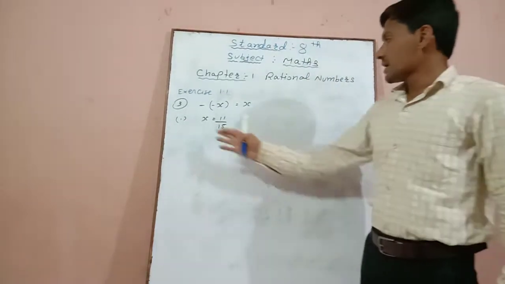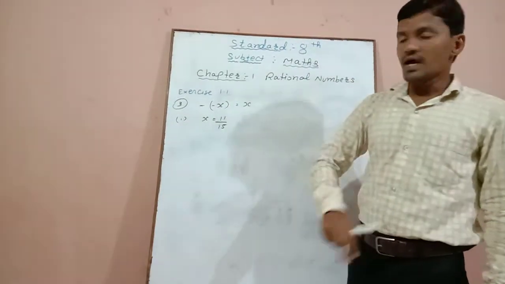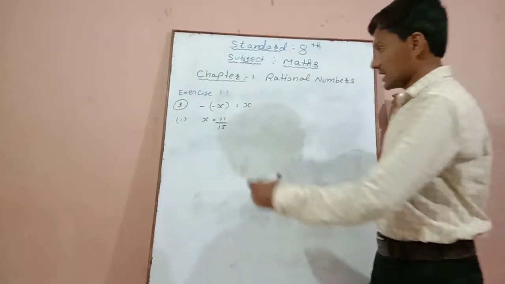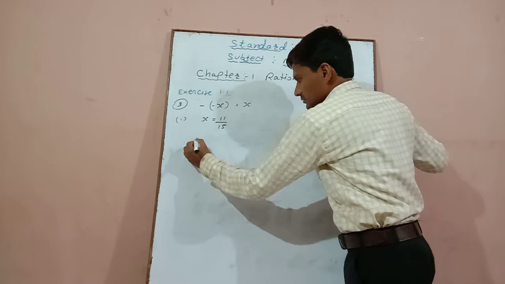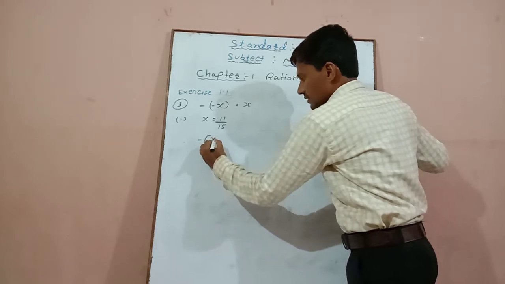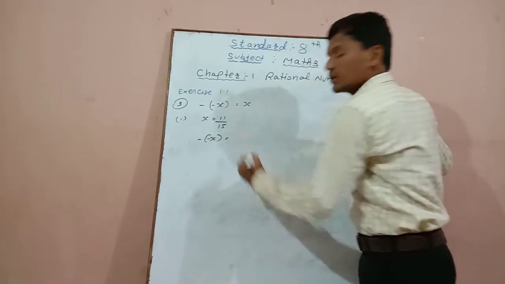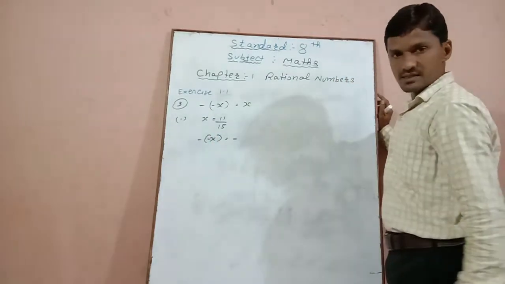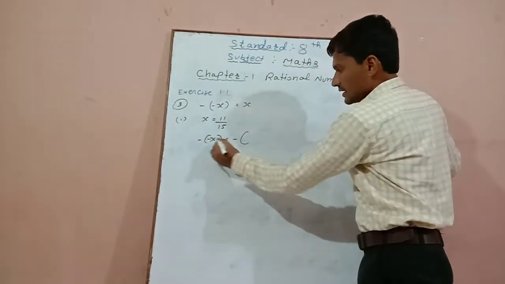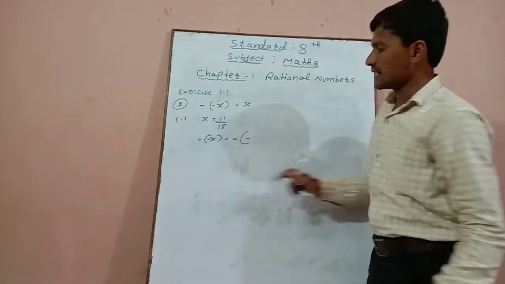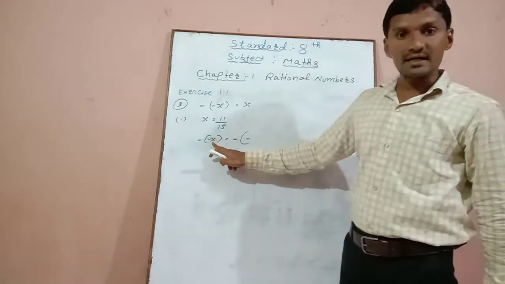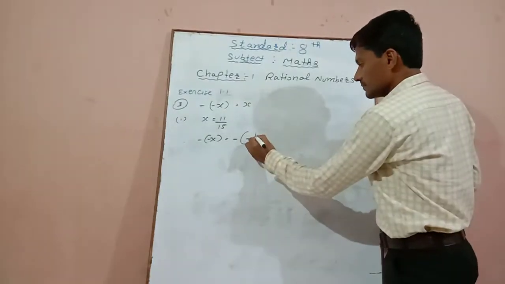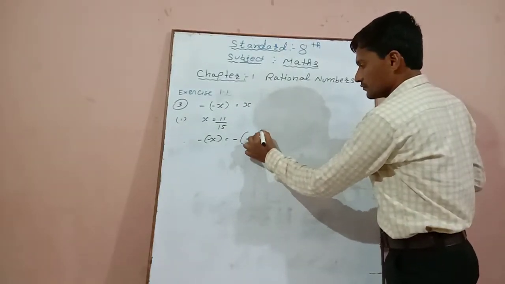Here the value of x is given. We have to prove or verify minus of minus x. So let us verify. Therefore minus of minus x is equal to, here the first sign is minus, so minus as it is, again bracket minus as it is, and after that minus x means the value of x, 11 divided by 15.